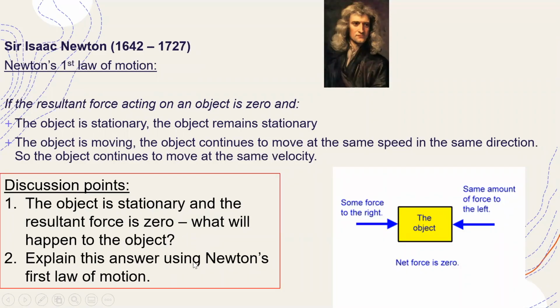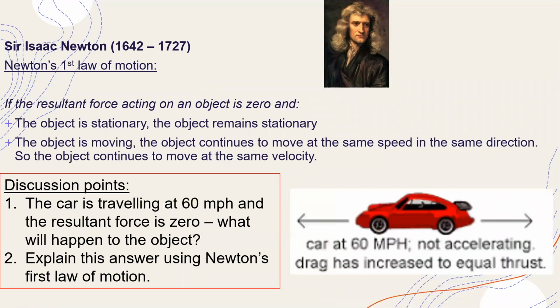Explain this using Newton's law of motion. You could just write: if the resultant force acting on the object is zero, and the object is stationary, the object remains stationary, which means it sits there and doesn't go anywhere. Even if you think about it, you have a box on the table and you're pushing with one hand and with the other hand, but it's the same force, it's just going to sit there, isn't it? You have to have a resultant force.